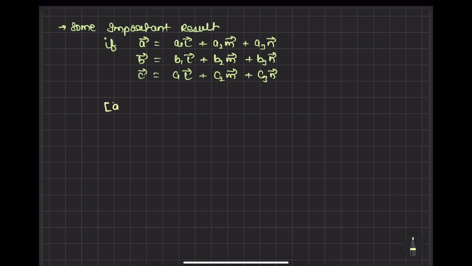You will write the box product of vector A, vector B, vector C. Now you will write down the coefficients first: A1, A2, A3, B1, B2, B3, C1, C2, C3, determinant.